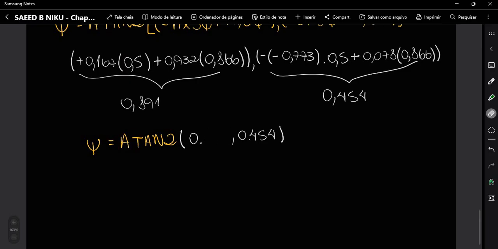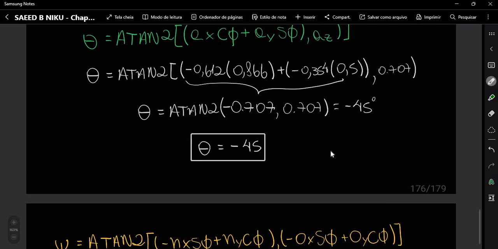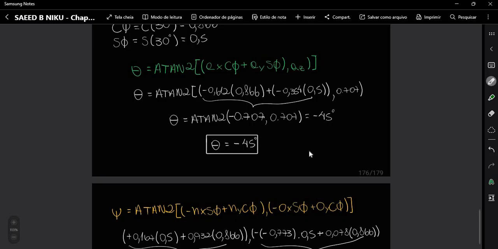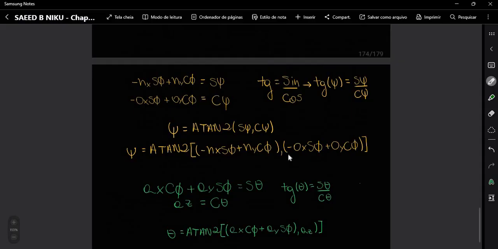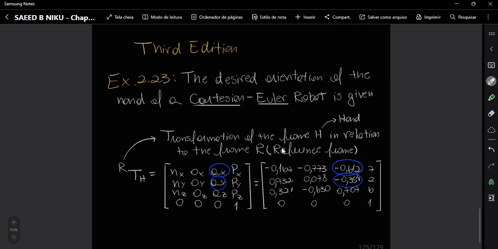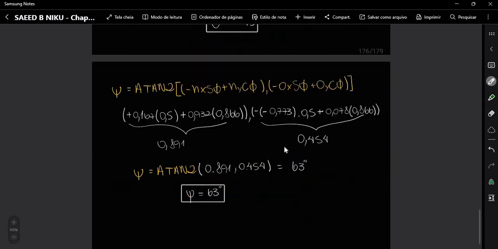And as you can see, this was very quick. And that's it. This was the example that I wanted to solve with you. Example 2.23.